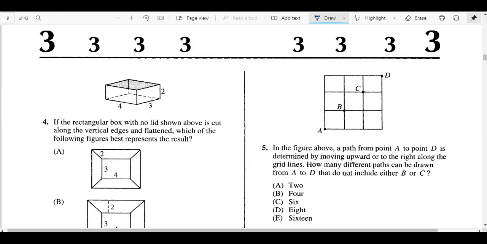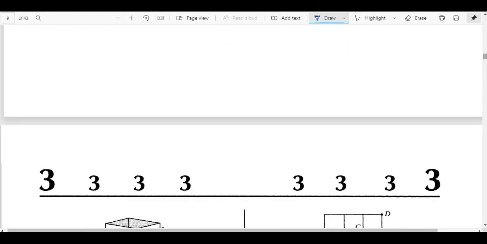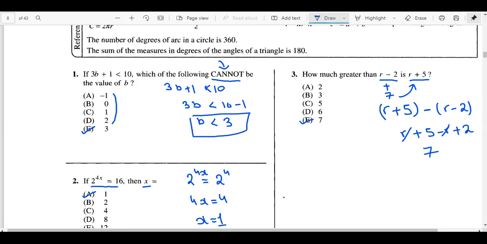Ma'am, sorry, I don't understand how you did this question. Okay, I'm sorry. How much greater than r minus 2 is r plus 5? Think of r minus 2 as, let's say, 1 and r plus 5 as 8.